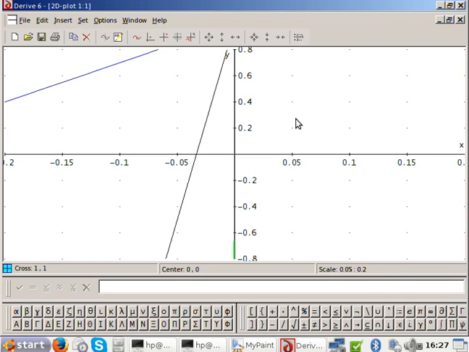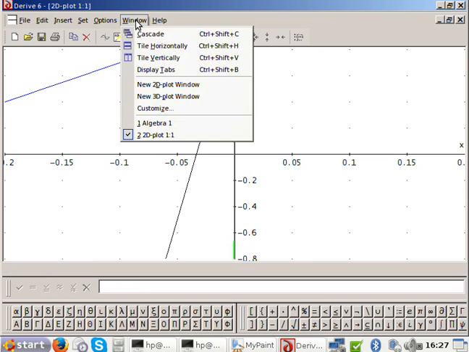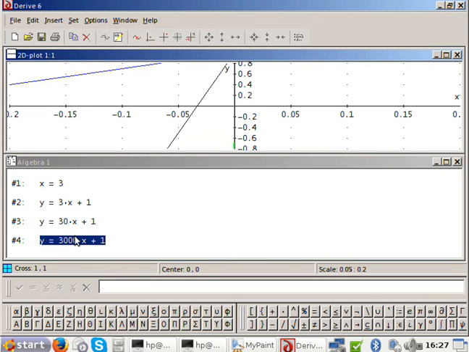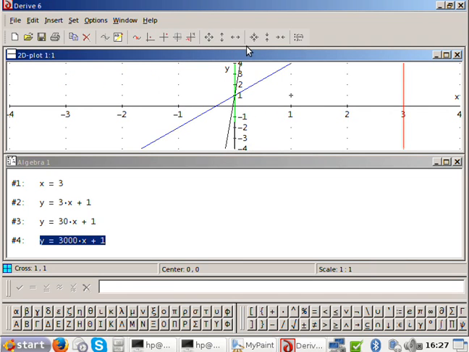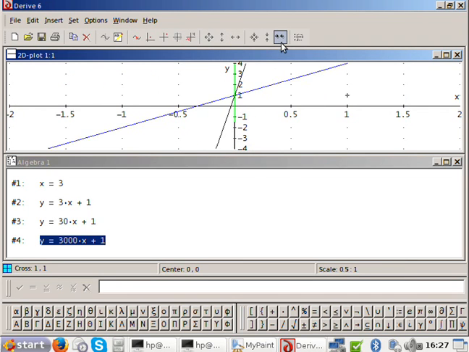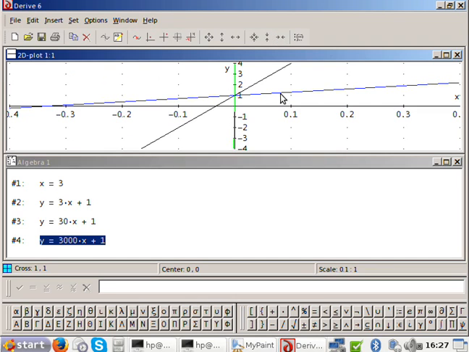Now, what do you think the slope is if the line is completely vertical? What do you think it is? Any ideas? Have a look here at what I was doing. So the blue line, the slope is 3.